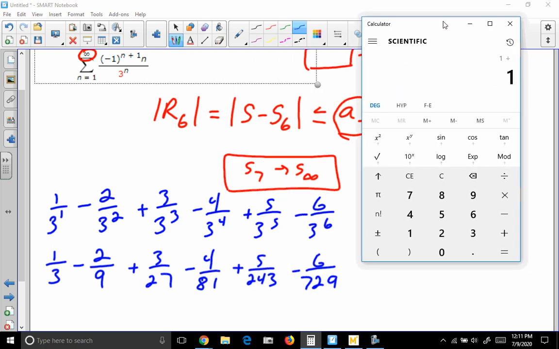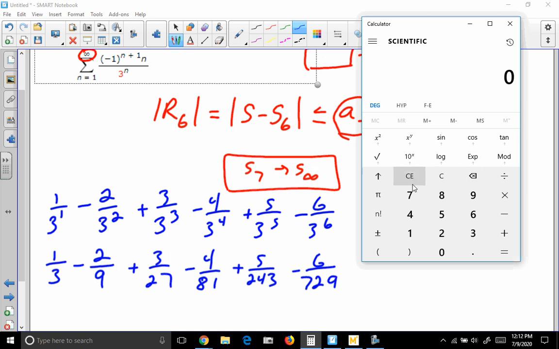So we have 1/3, not half, 1/3, minus 2/9, plus 3 over 27, minus 4 over 81, plus 5 over, oops, I'm not sure my calculator is going to respond to that.